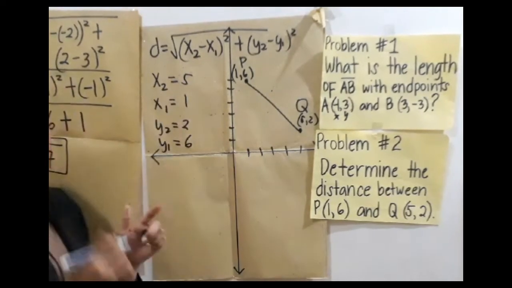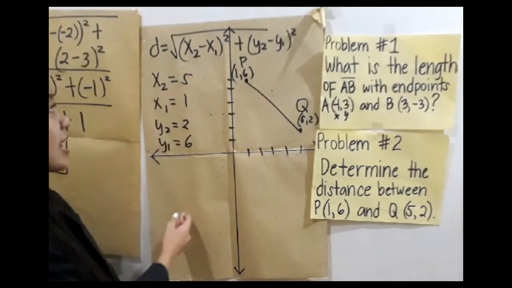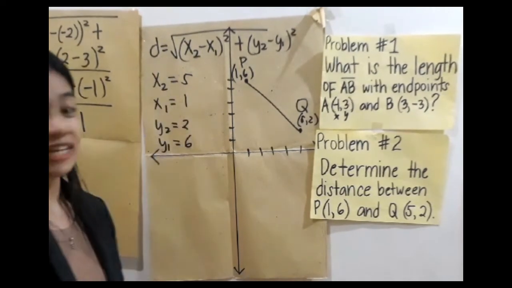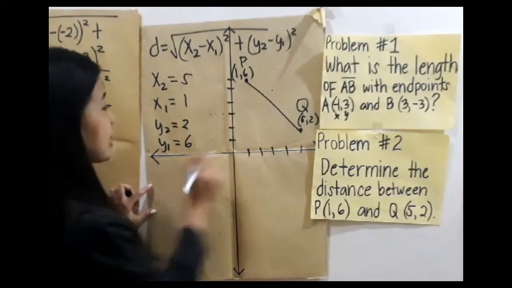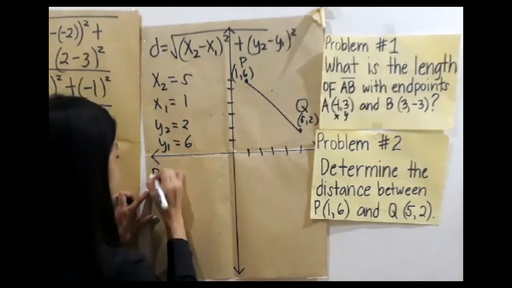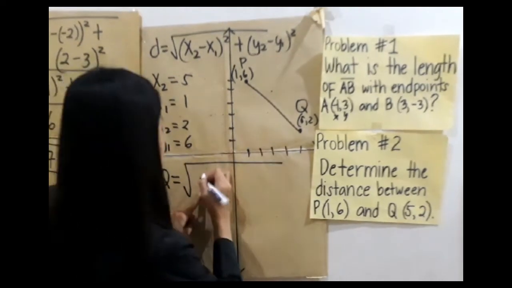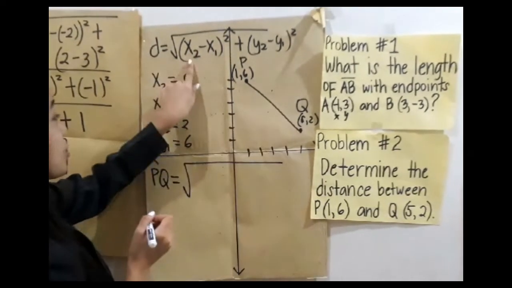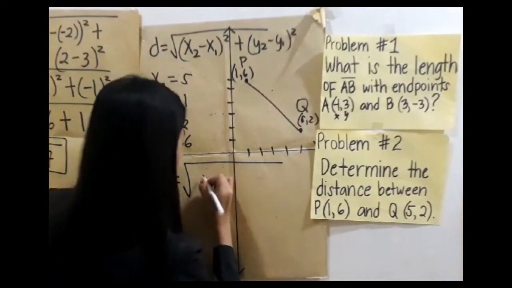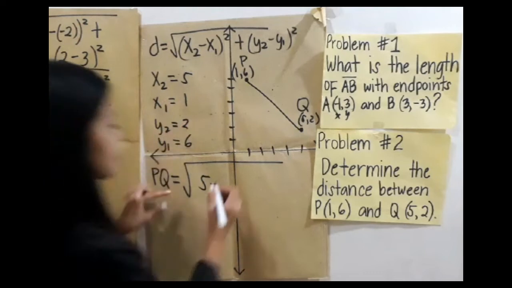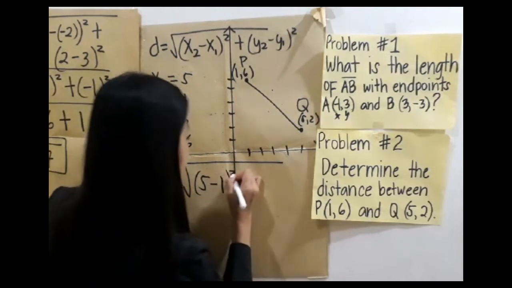So upon knowing the values of these variables, we will now proceed by plugging it into our distance formula. So, PQ is equal to the square root of our x sub 2, which is 5, minus our x sub 1, which is positive 1, squared.